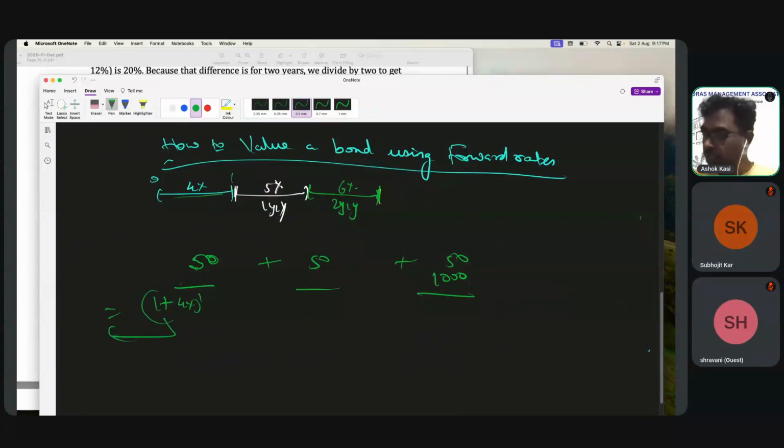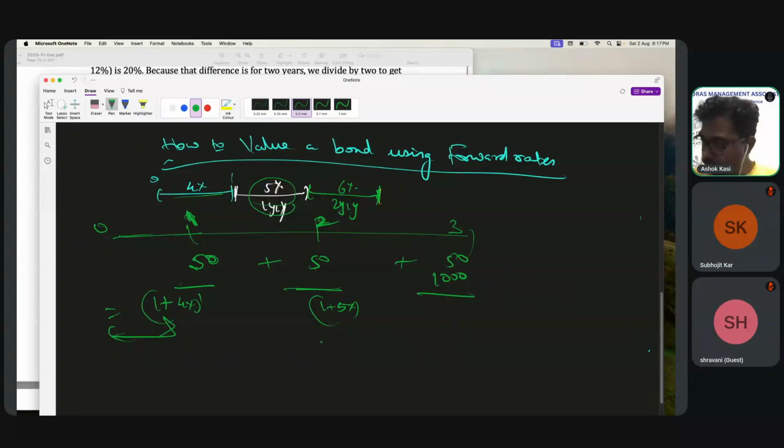Second one, you see, this is only for this year, 5%. So if I say 1 plus 5%, then it is only from 0, this will be 0, this is 1, this is 2, and 3.